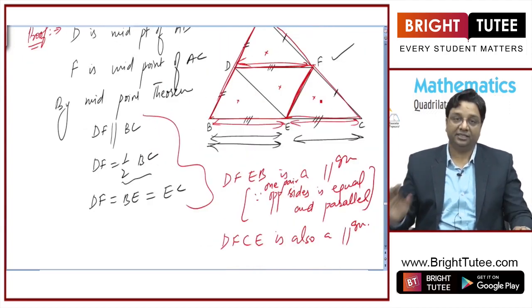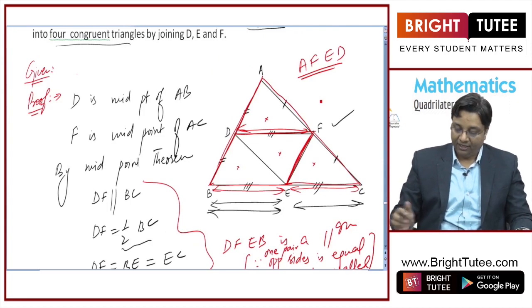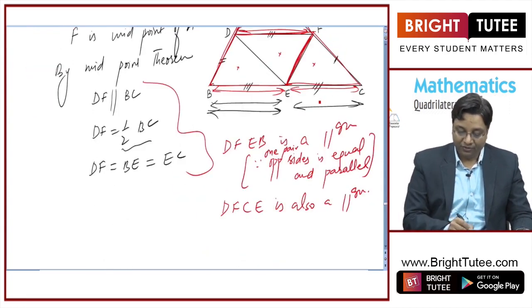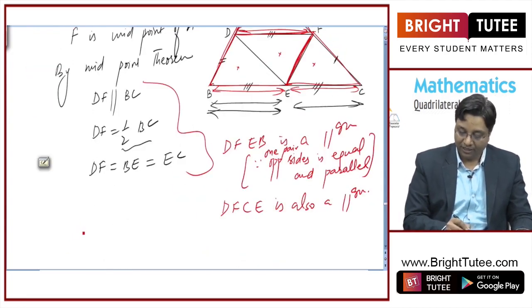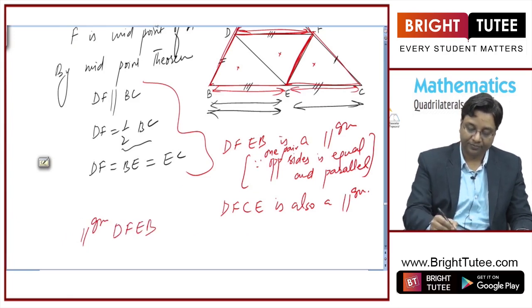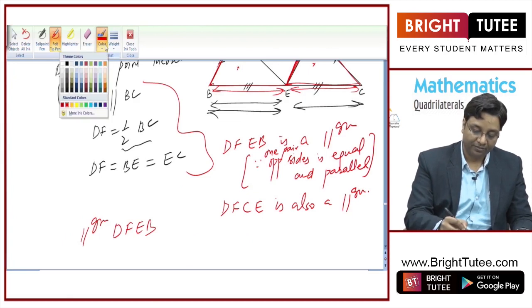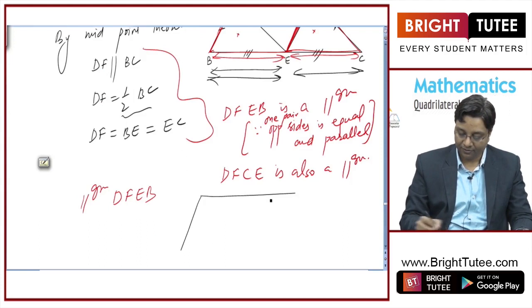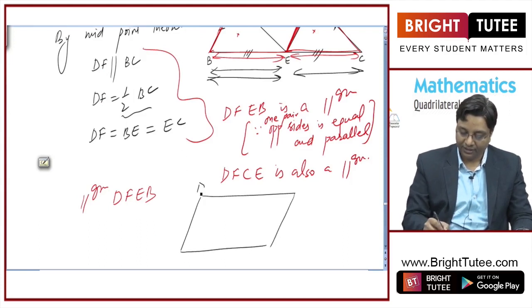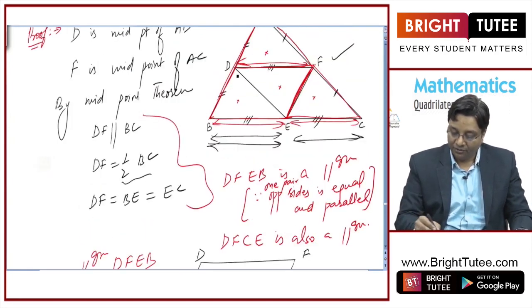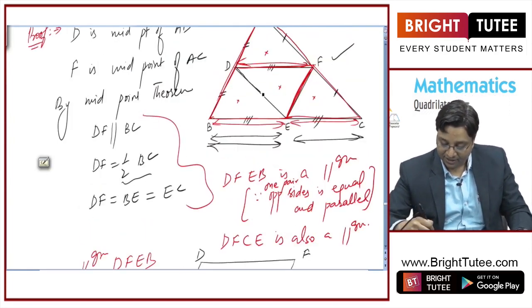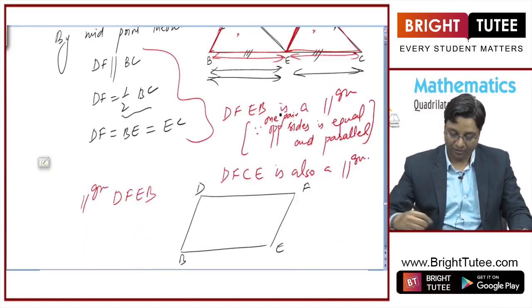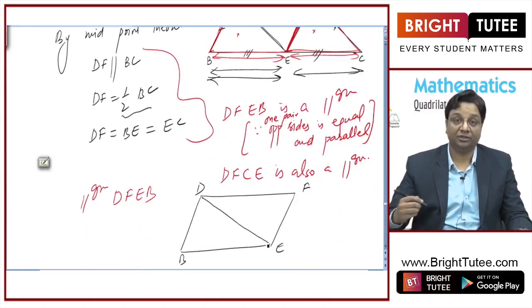Now once you know that these are parallelograms, let me talk about one of these parallelograms. Let us talk about parallelogram DFEB. If you notice this parallelogram, DE is the diagonal of this parallelogram.